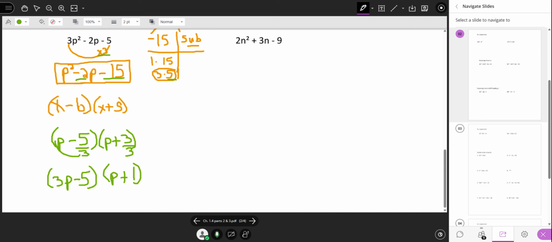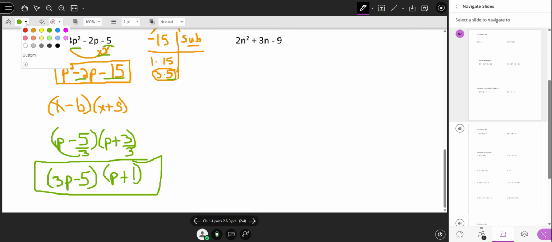I love this rule. 3p times p is 3p squared. Negative 5 times 1 is negative 5. I love this rule. And this process.